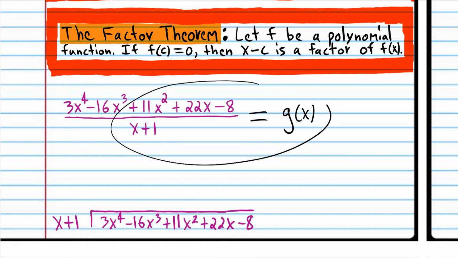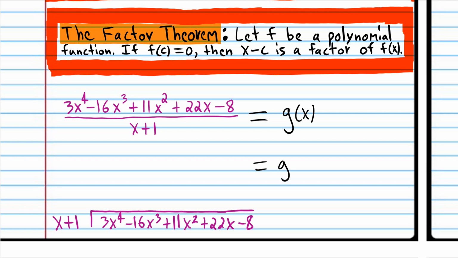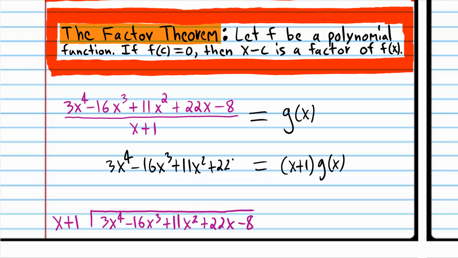And if we multiply both sides of this equation by x plus 1, we get x plus 1 times g of x is equal to this original polynomial that we have in our equation.